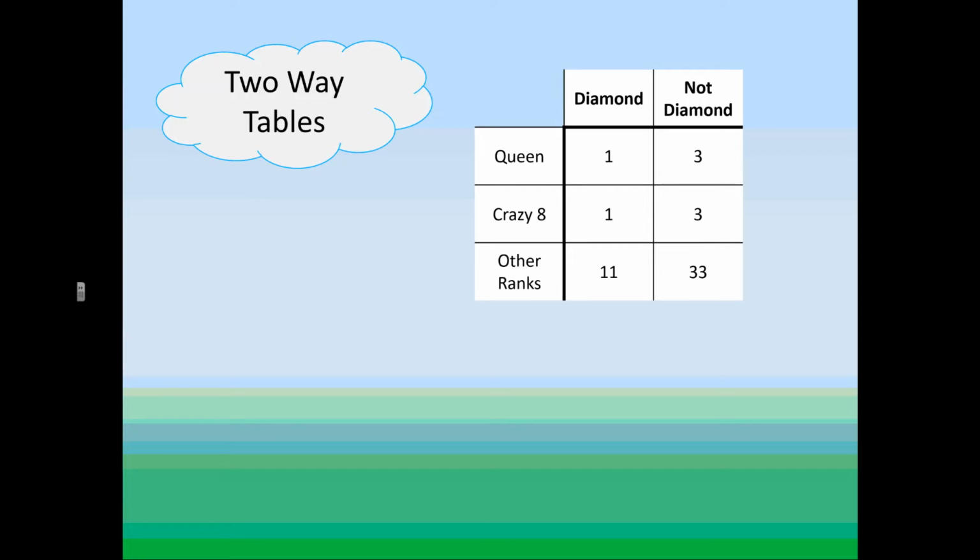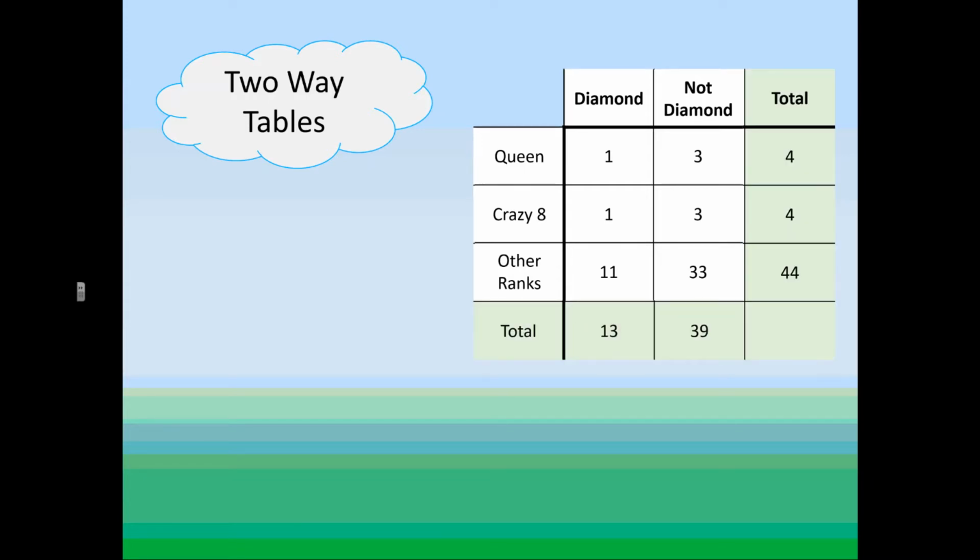The first thing we do with a two-way table, in order to use it, is we need to get some totals in there. So I start with the totals of diamonds, which are 13, and the totals of not diamonds, which is 39. The total number of queens is 4, the total number of crazy eights is 4, and the total number of other ranks is 44.